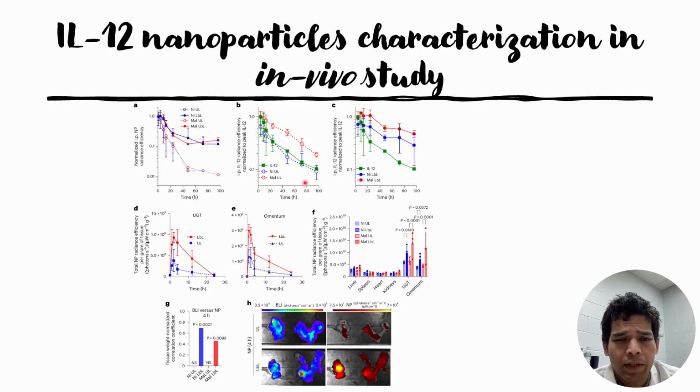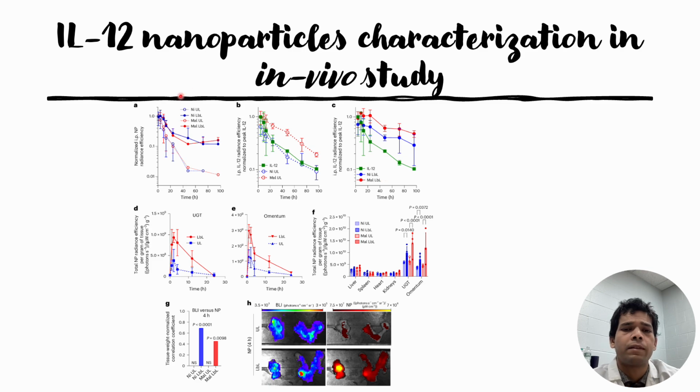In the case when they used unlayered nanoparticles, interleukin 12 retention time is lower, and when they used the layer by layer based nanoparticles, its retention time is higher compared to the unlayered nanoparticles.